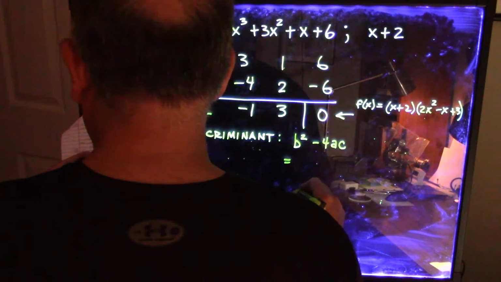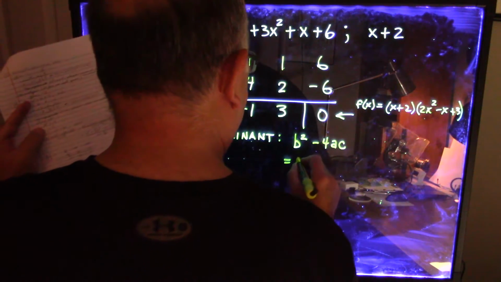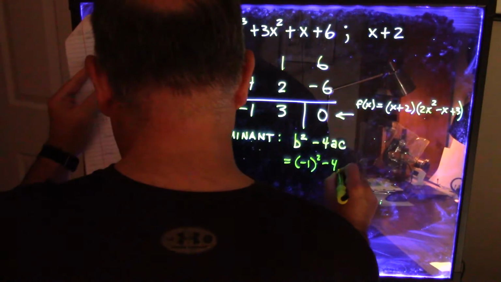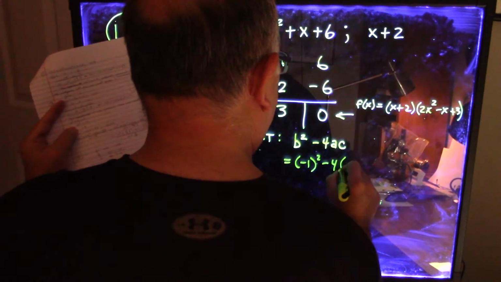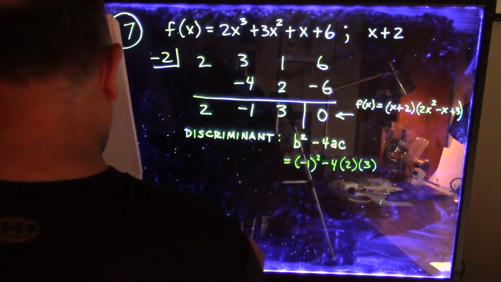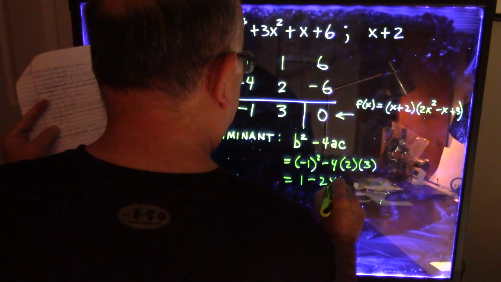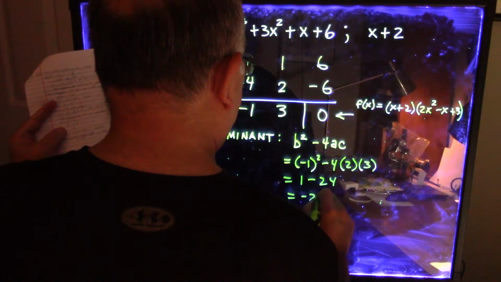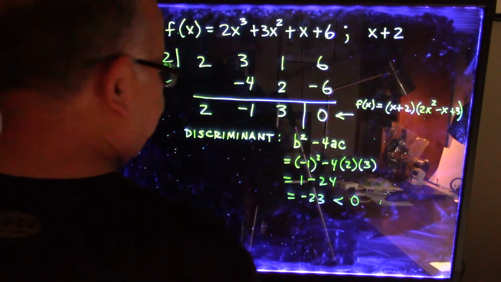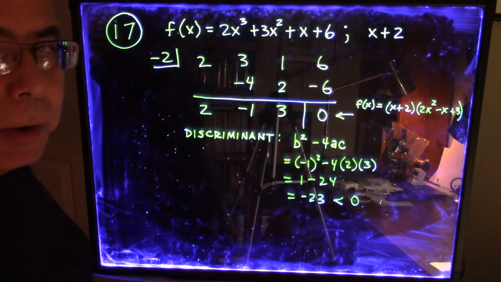So you've got negative 1 squared minus 4 times 2 times 3. So that equals 1 minus 24, which equals negative 23. That's less than 0. If the discriminant is less than 0, there are no real solutions.